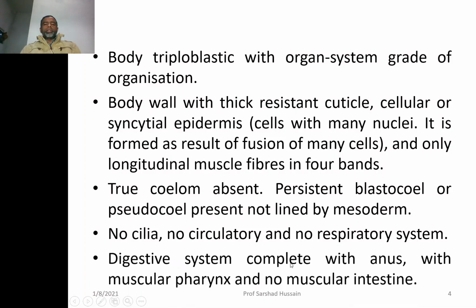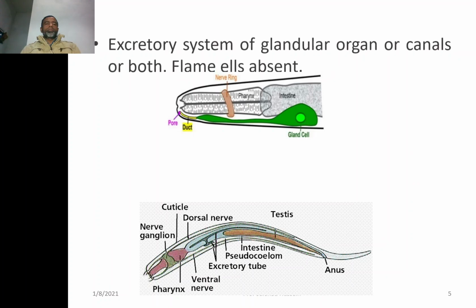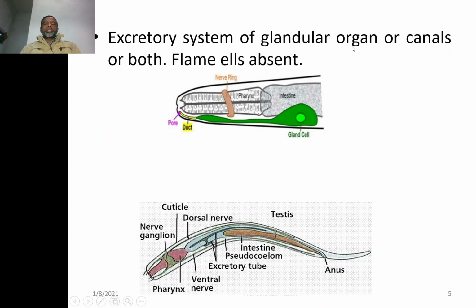Digestive system is complete. You must remember that phylum Platyhelminthes had an incomplete digestive system without anus, but here mouth and anus both are present. They have a muscular pharynx, but their intestine is not muscular. Excretory system is in the form of a glandular cell. You can see it's a gland cell pouring outside through a pore.